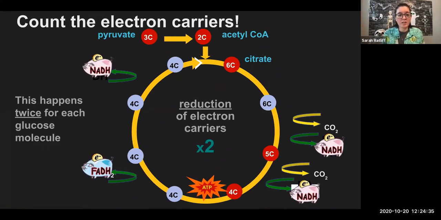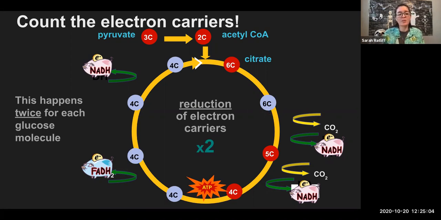Looking at our electron carriers, here's what's happening. Our pyruvate becomes CoA. CoA joins up with the remnants of the last cycle, 4C, to create a citric acid 6C molecule. We lose one carbon to create our NADH, lose another carbon to make a second NADH and an ATP.